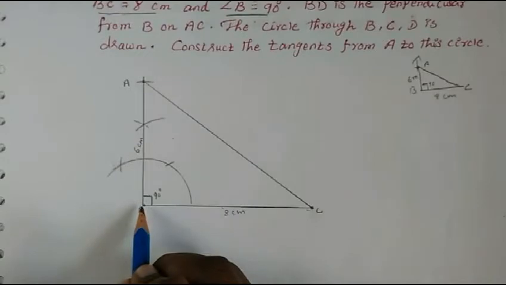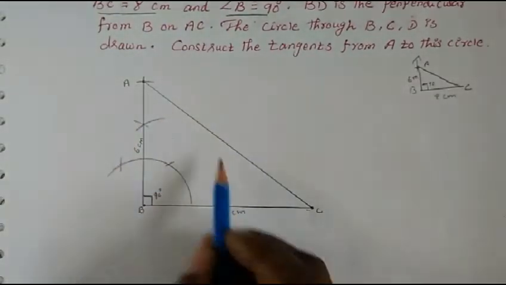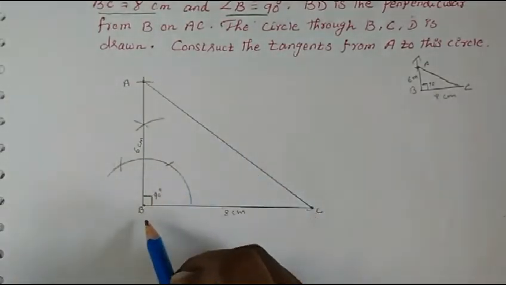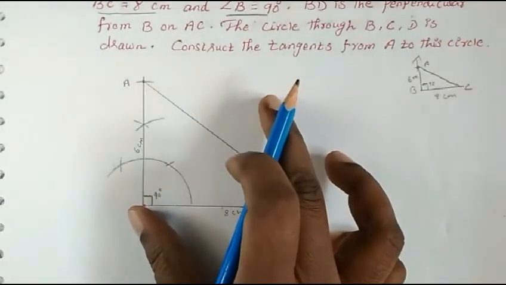So from B on AC, point D has to come, which will be perpendicular. Now how to draw a perpendicular line from B?